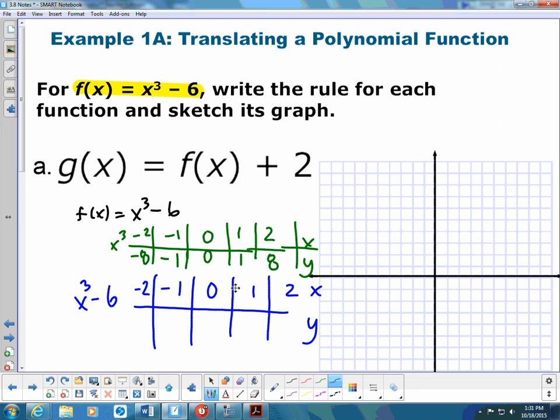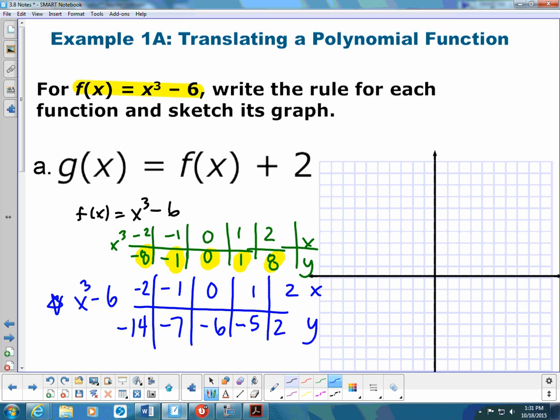So we're going to graph this one in blue here because that's going to act as my parent function for this one. We'll graph the points -2, -14, because again, I'm reducing each of the y's on my parent function by 6 units. -1, -7, 0, -6, 1, -5, and 2, 2.